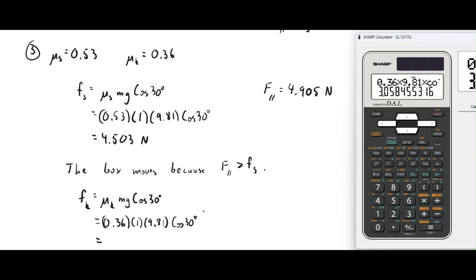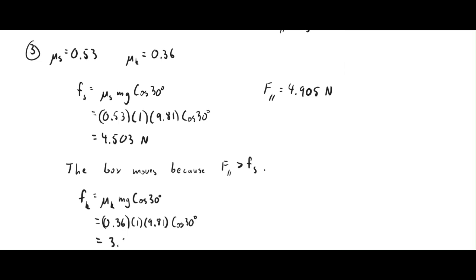And that works out to be 3.058. Okay, so we don't get as much friction this time. It used to be 4.503 if the box is at rest. But if it starts moving, there's less friction, and it's 3.058.